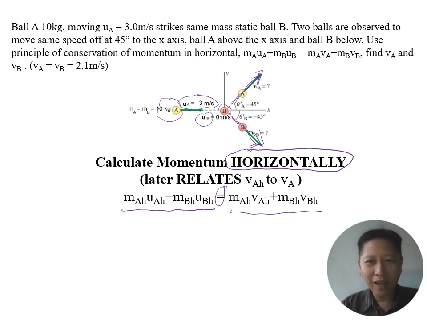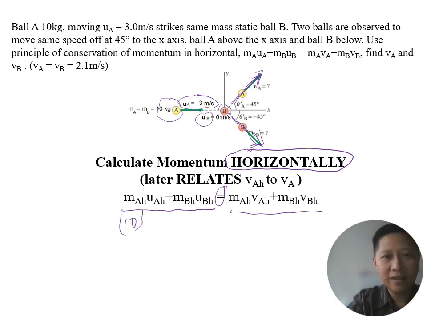So at this time, everything is horizontal. We ask the ball, what is your weight horizontally? The ball will say I never change. Even at 30 degrees or 45 degrees, I am the same, 10 kilograms. And the initial velocity of the ball is also horizontal, 3. Plus ball B is 10 kilograms, and it's static, not moving, 0.